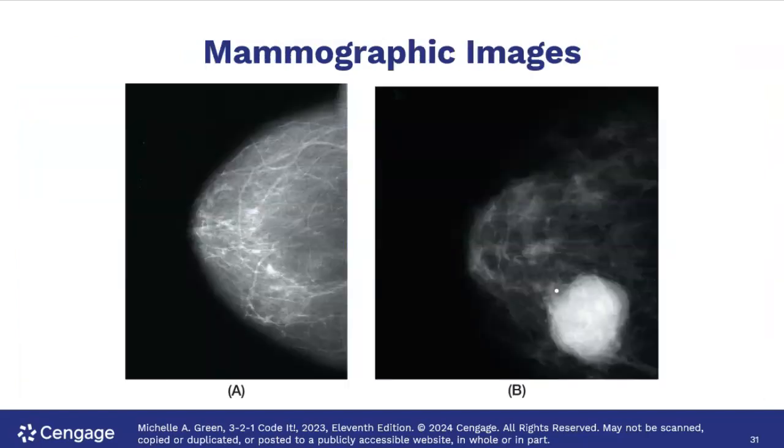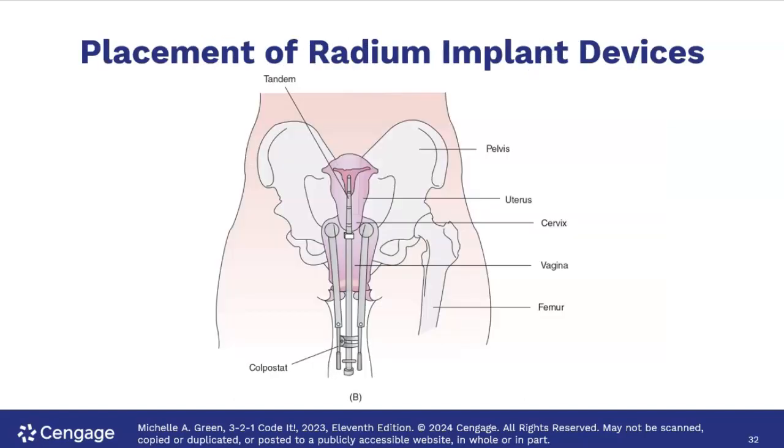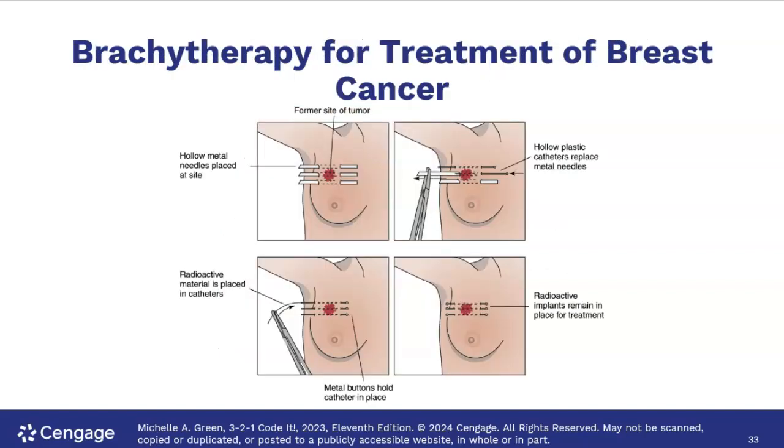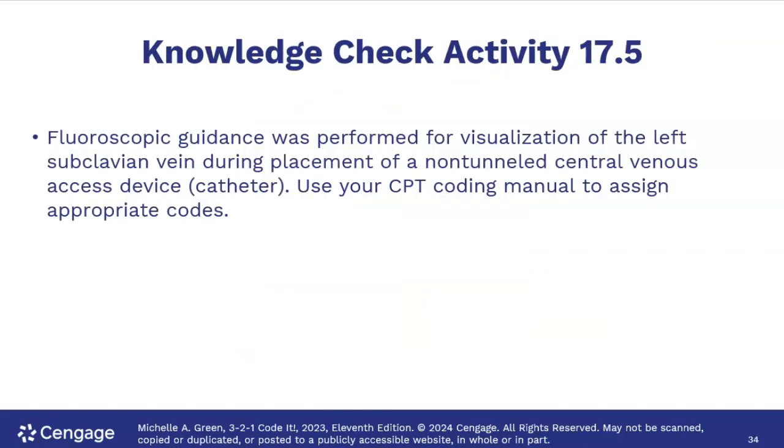Okay, this is mammographic imaging, implant. So a lot of these give you some nice pictures. Fluoroscopic guidance is performed for visualization of the left subclavian vein during placement of a non-tunneled central venous access device, which would be a catheter.